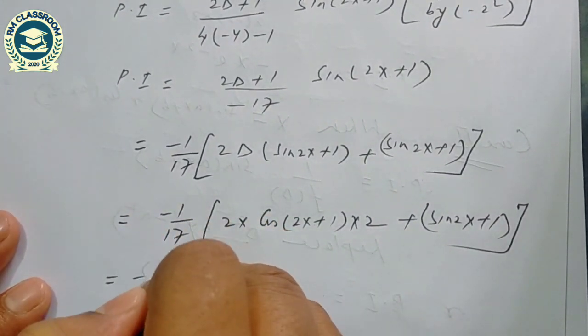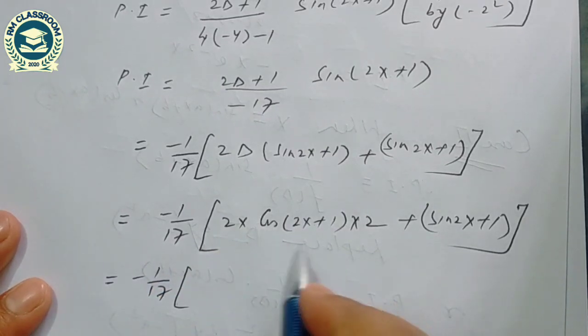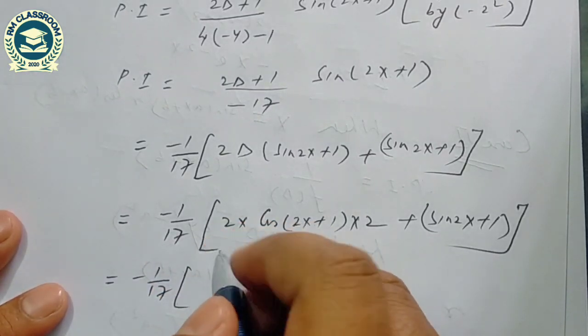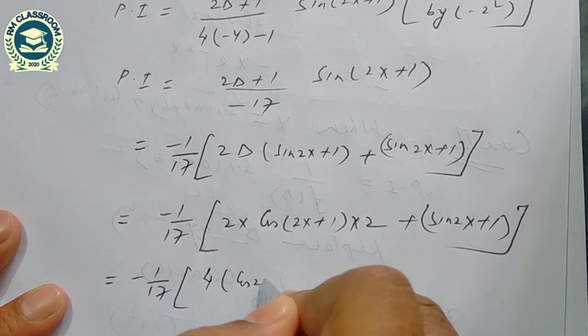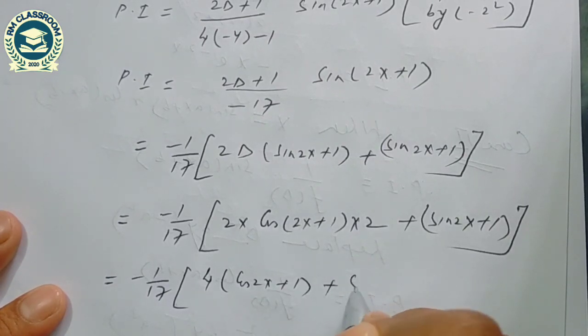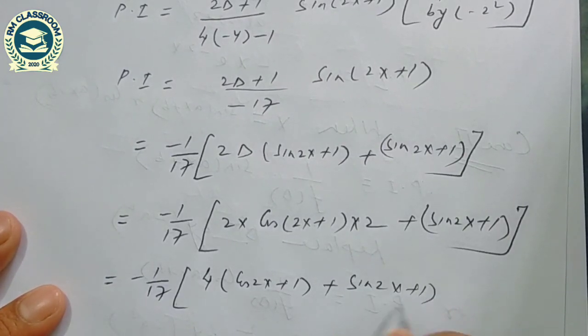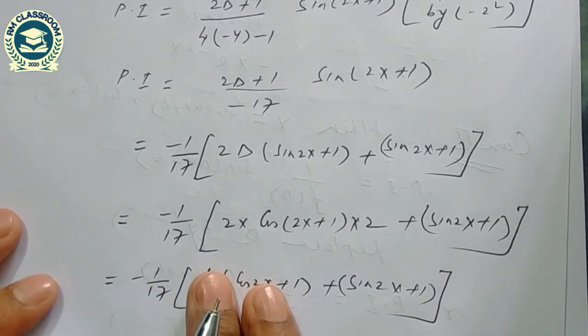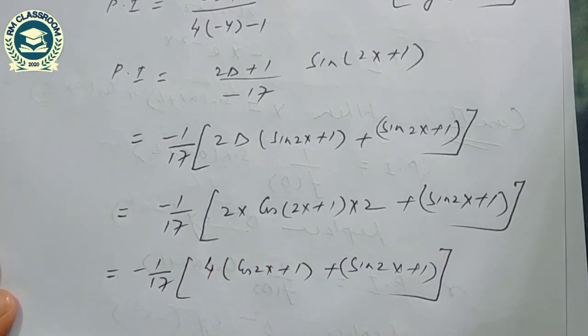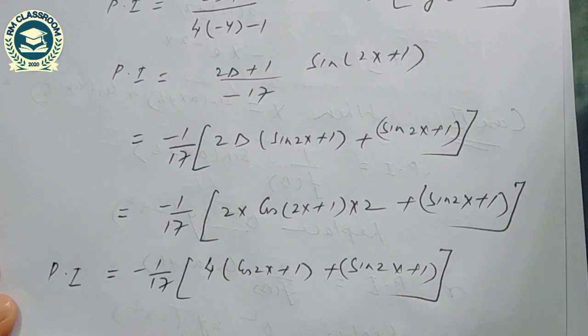So -1 by 17, 2 times 2, so 4 cos(2x + 1) plus sin(2x + 1). So this is our particular integral for the given function.